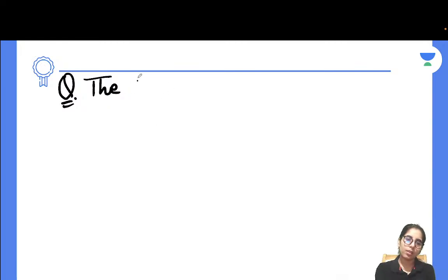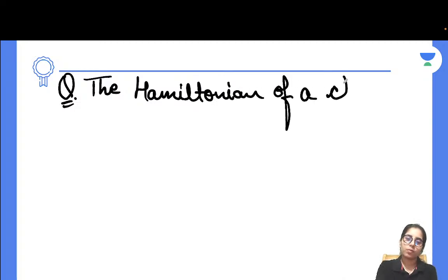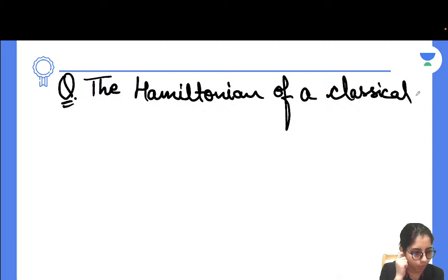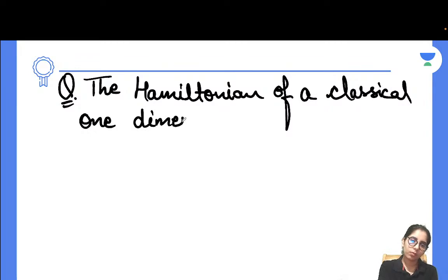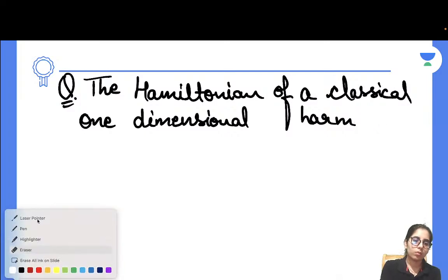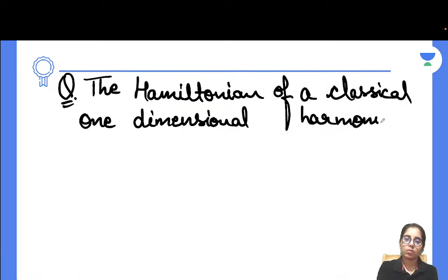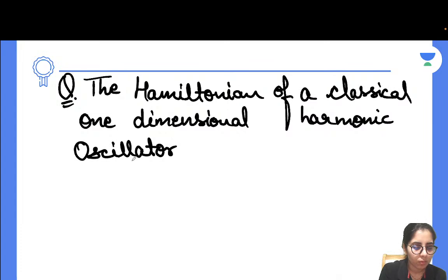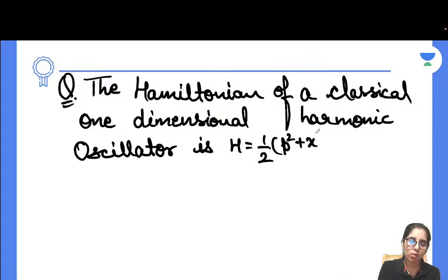The Hamiltonian of a classical one-dimensional harmonic oscillator is H equal to 1/2 (p square plus x square), in suitable units.